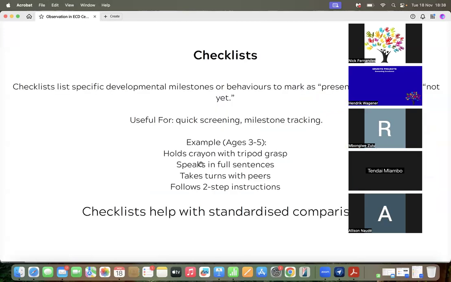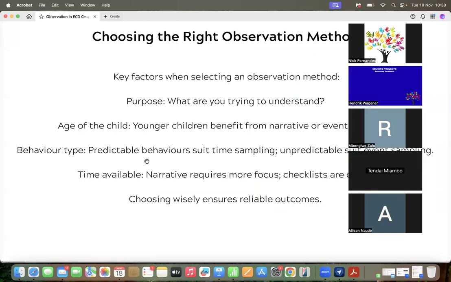And then we have the checklist, which is the one for milestones, which I've already covered. So my question to you is, out of all of those, if you are tracking a child's behavior where a child maybe has tantrums or gets angry, which method would you use?